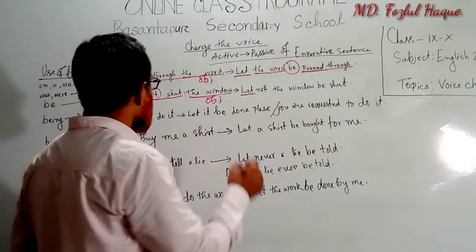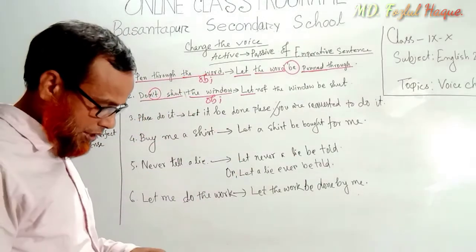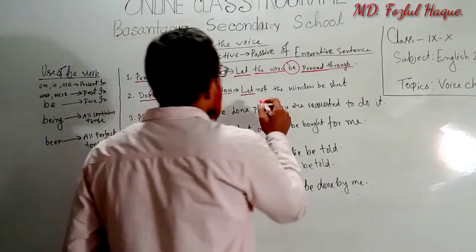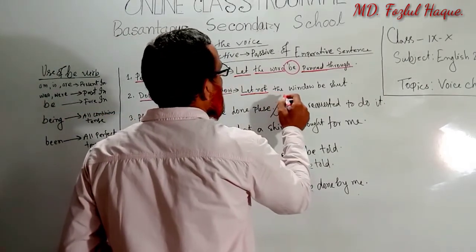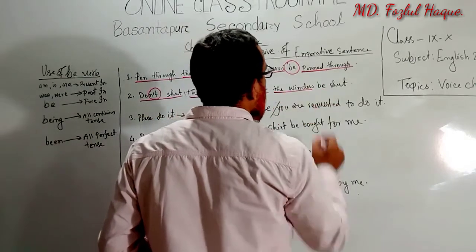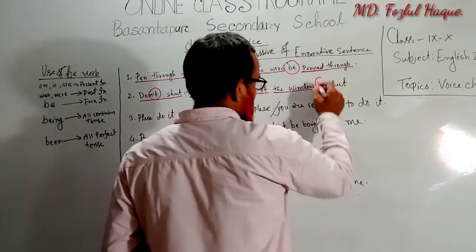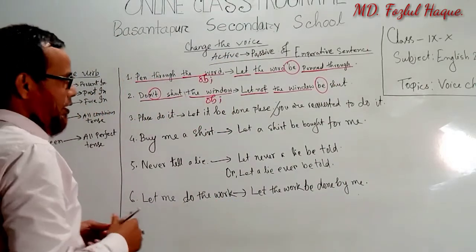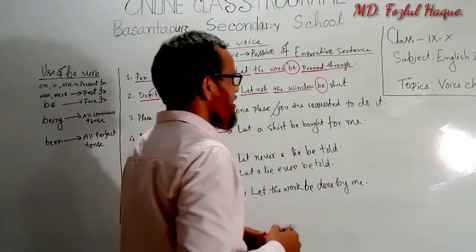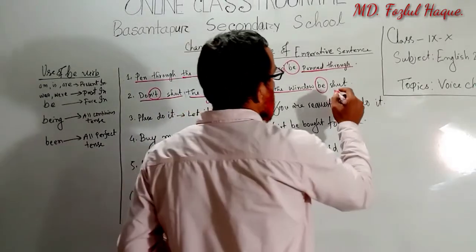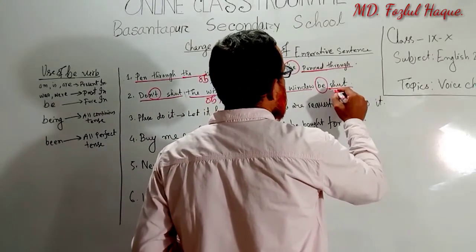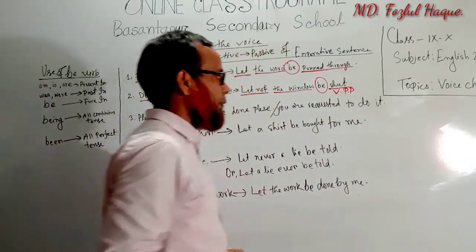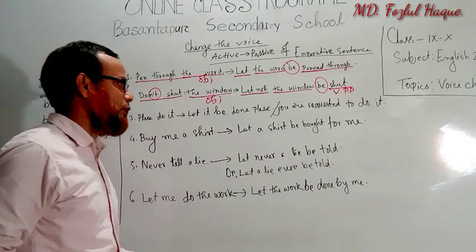If we find a negative imperative sentence, at first we write let not, then the object, the window, then be. To make an imperative sentence passive, be is used, then the verb in past participle form.